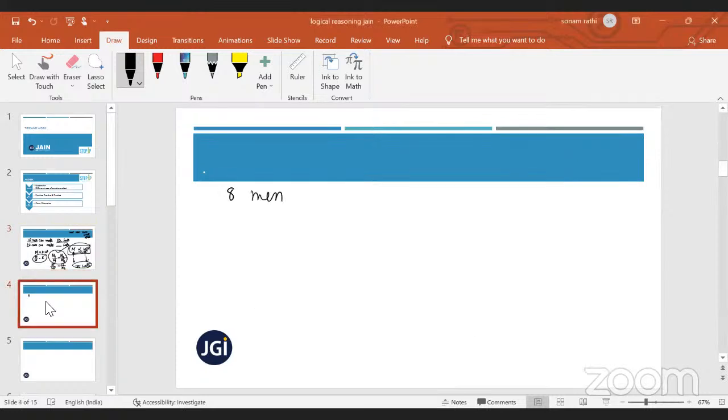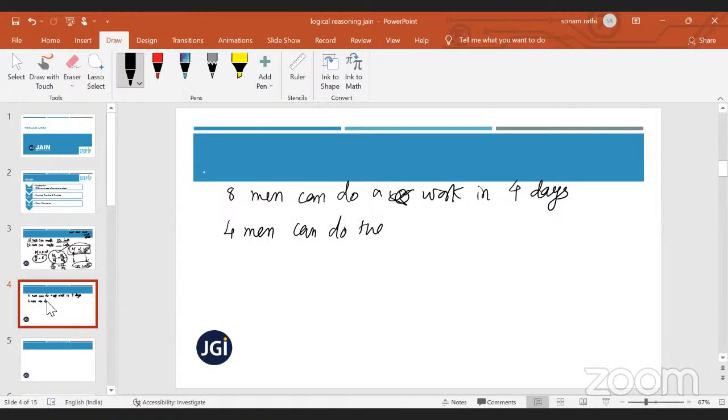8 men can do a work in, let's say, 4 days. So 4 men can do the same work in how many days? Second question.